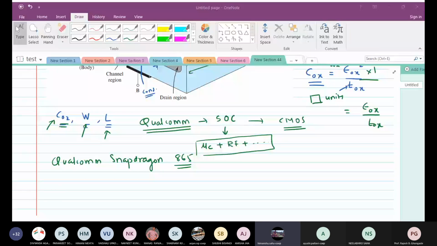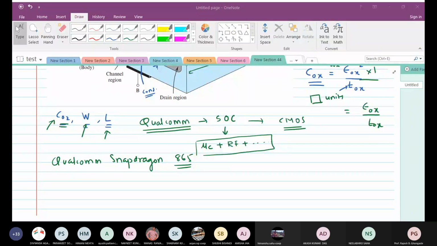Anyone? Number of cores. Yes, number of cores. Okay. Anything else?